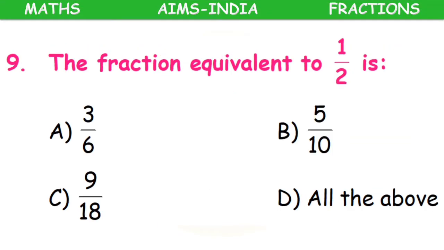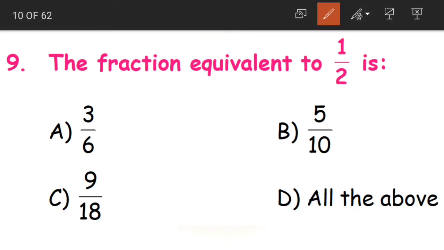Okay. Next, the fraction equivalent to 1 by 2 is dash. Again, this is another equivalent fraction question. What did I say? We need to either multiply or divide. If you look at options, okay children, we should look at options and go. Now here we are having 3 in the numerator.